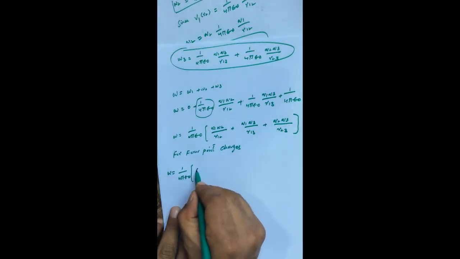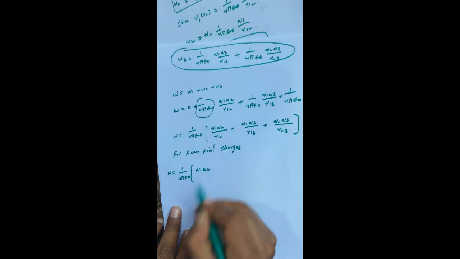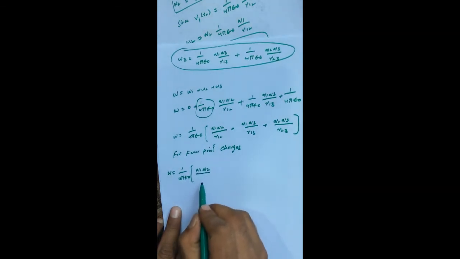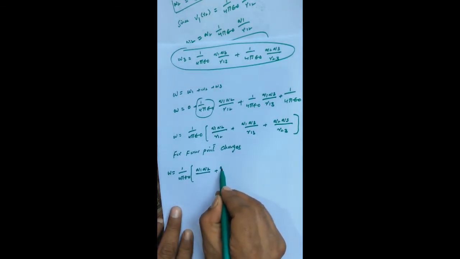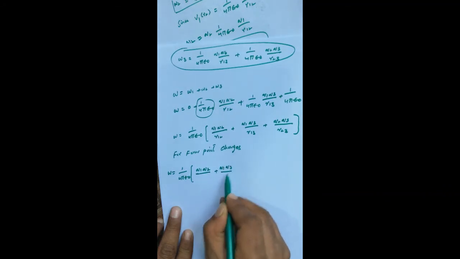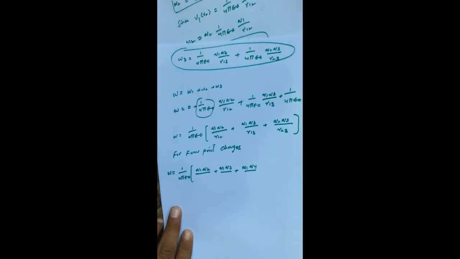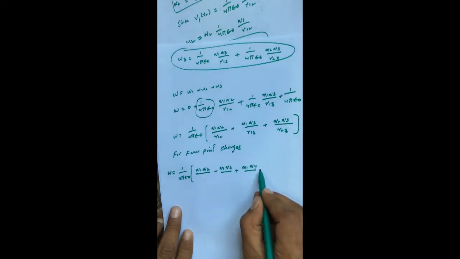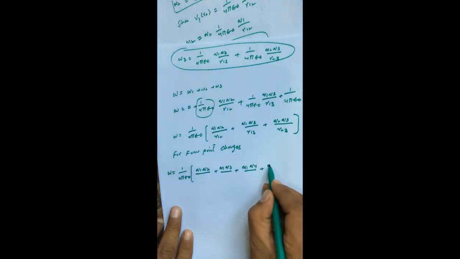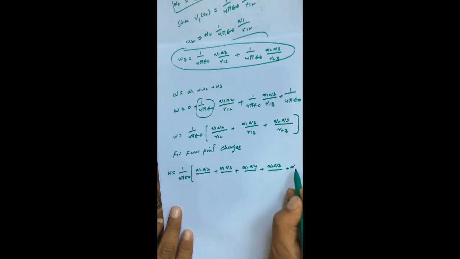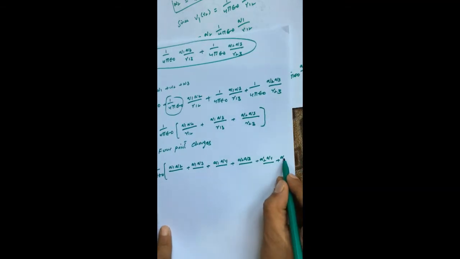I will write it here: Q1 Q2 divided by something, I will write that something later, plus Q1 Q3 divided by something, plus Q1 Q4 divided by something, because we have 4 charges. Next we have Q2 Q3 divided by something, plus Q2 Q4 divided by something, plus Q3 Q4 divided by something.